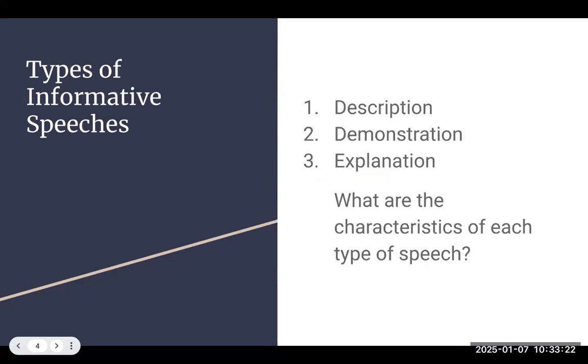If you choose a topic that you think a lot of people already know about, whether you're giving a speech of description, demonstration, or explanation, you still have to do research because you don't know everything about your topic. Even if you know how to do something really well, do you know where it originated?